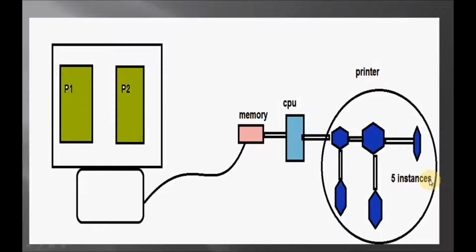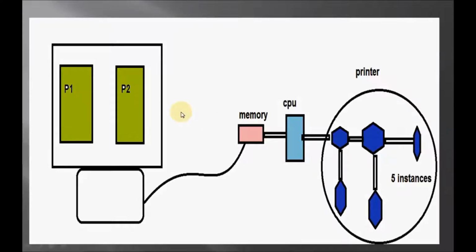They are identical. This is also a printer, this is also a printer, this is also a printer, this is also a printer. Totally 5 printers are there. So the printer resource type can contain as many printers as it wants. Right guys?